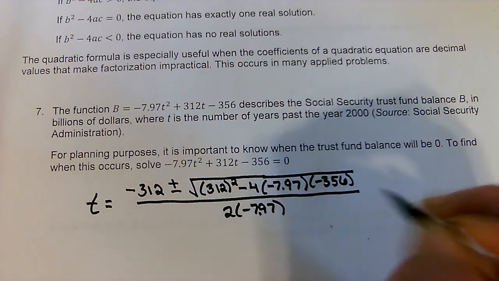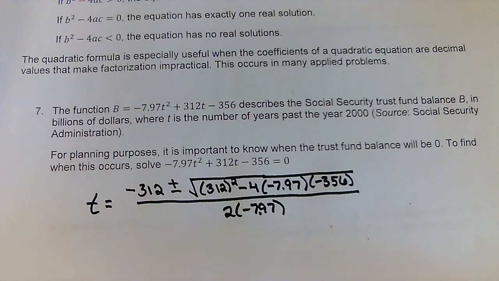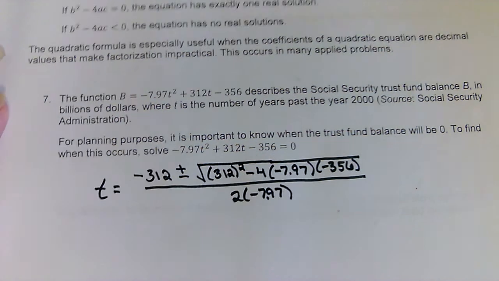Oops, 0.97. Now personally, I wouldn't go through all the work of simplifying it myself. I know I'm going to have two answers. I've got to go through it once with a plus and once with a minus.